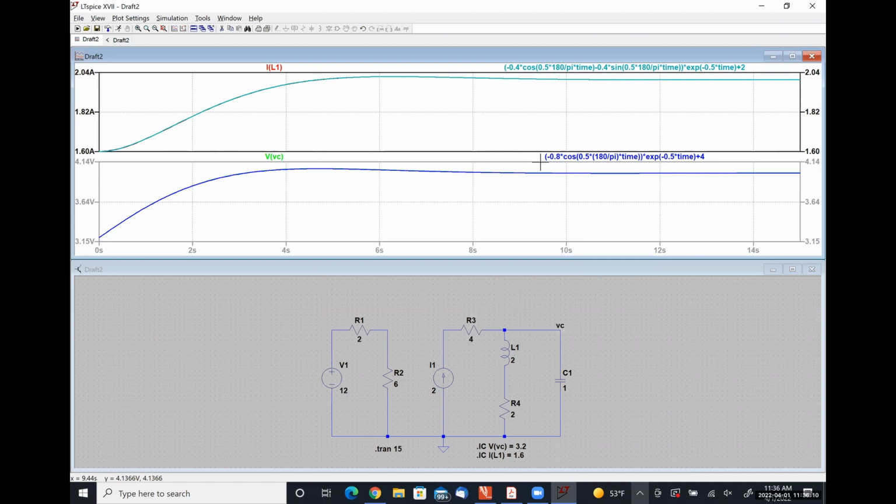And that new curve, which was the mathematical expression I just typed in, completely overlaid the simulation results, meaning that our analysis and determination of the inductor current was also correct.